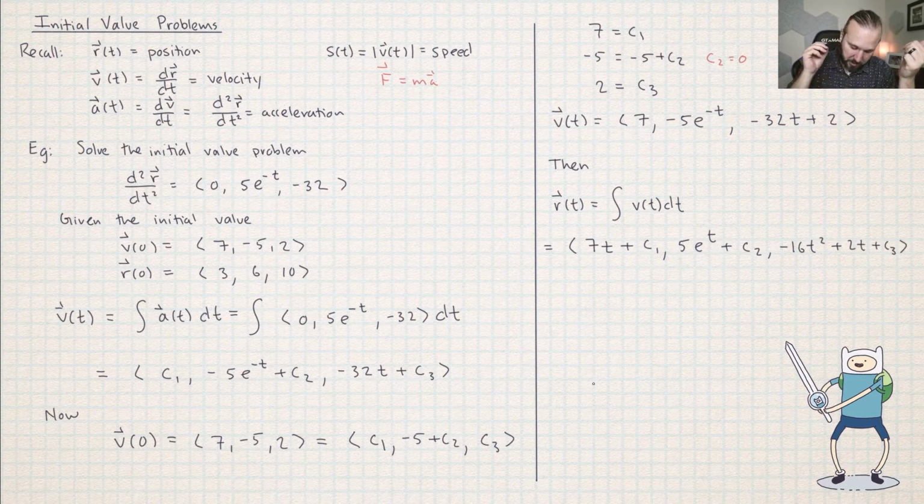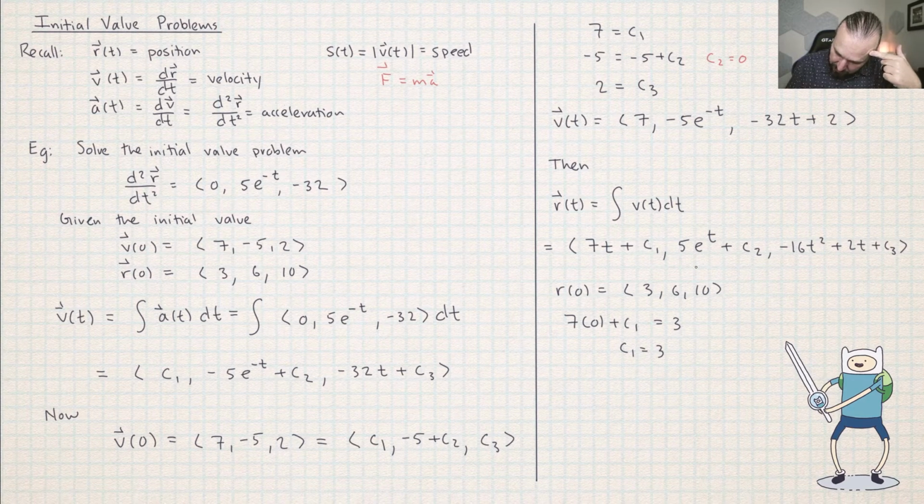Okay, and then just like with the velocity, I'm going to now need to use the position at time 0, the initial position, to recover these constants right here. So r of 0 is 3, 6, 10. So this means that 7 times 0 plus c1 must equal 3. So c1 equals 3.